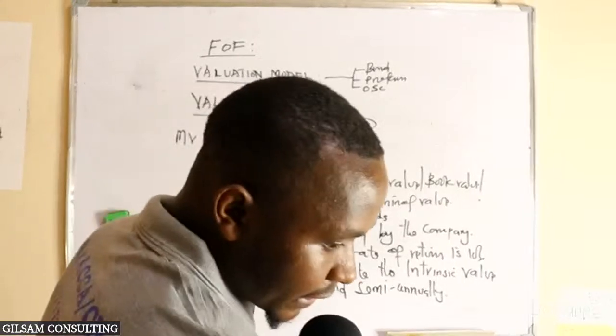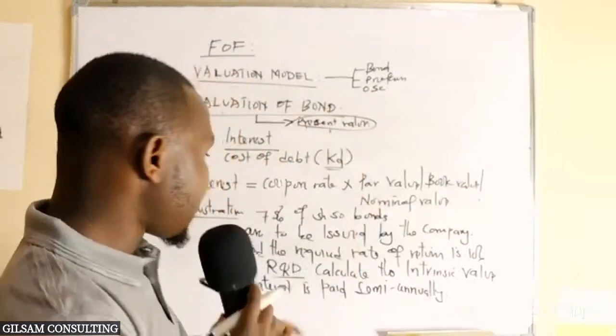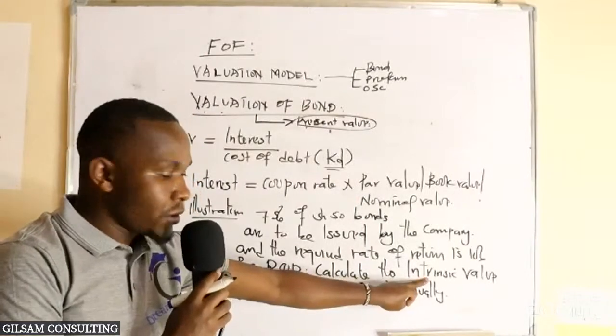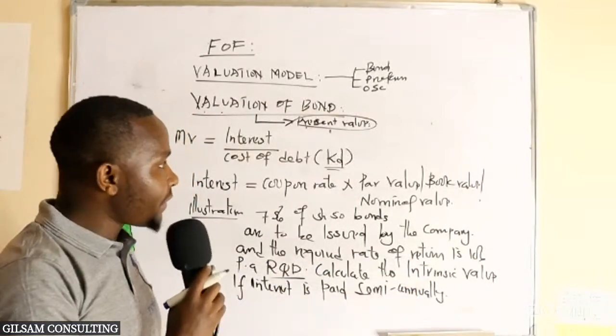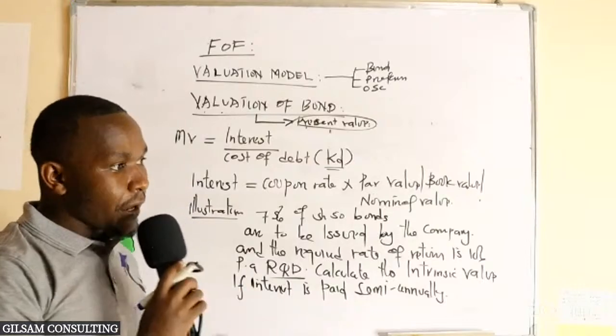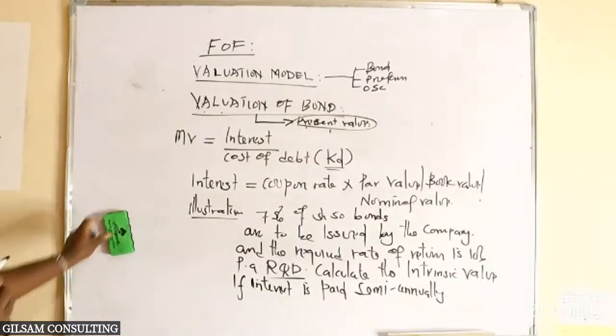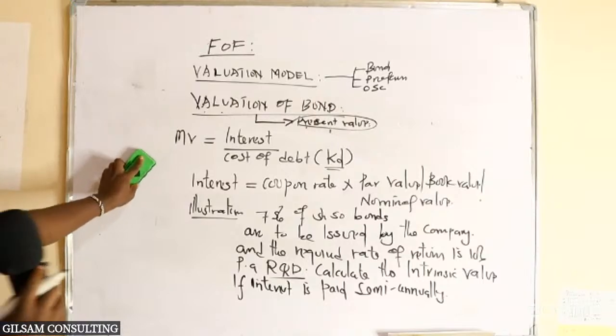So you can see the terms examiner anatumia most of the time, the intrinsic value. Intrinsic value is the current fair value of the bond or the security.